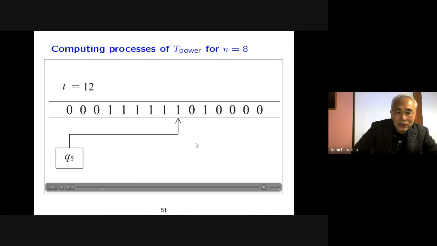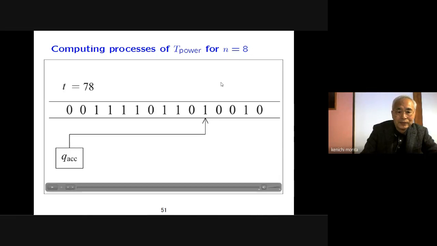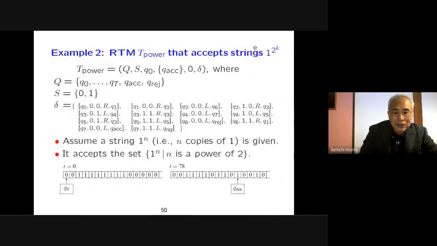For example, it works in this way. It finally halts and accepts since the given unary number is 8. Okay, and we can check this is indeed a reversible Turing machine.